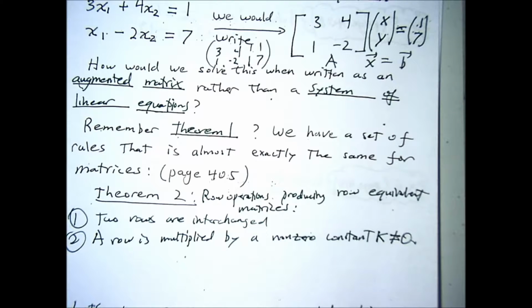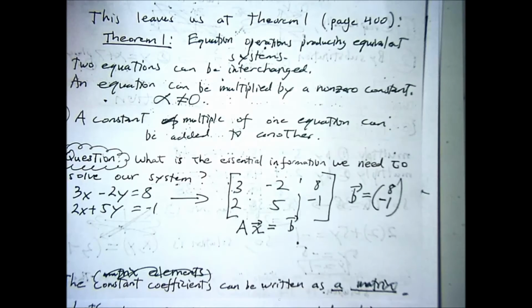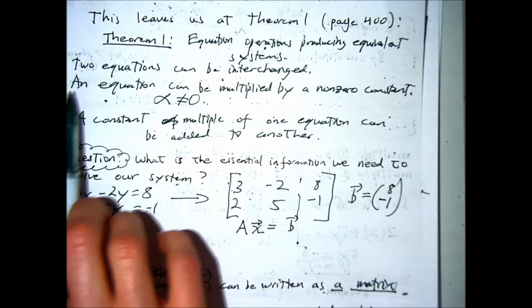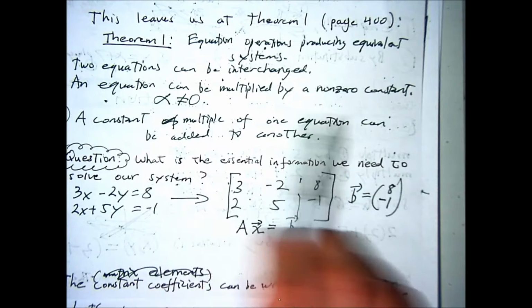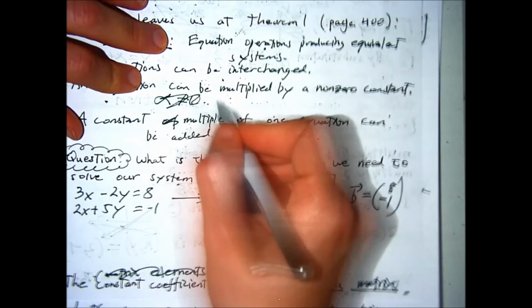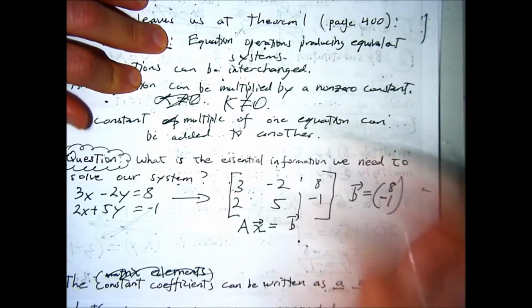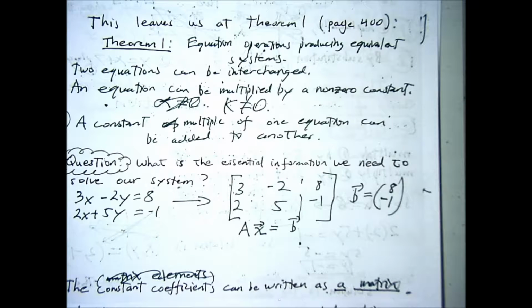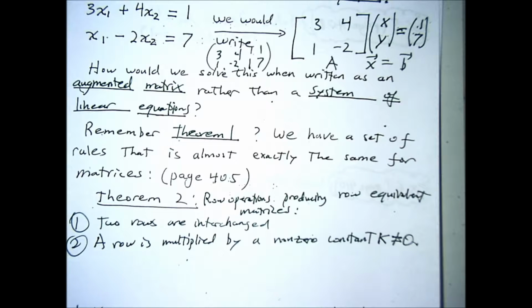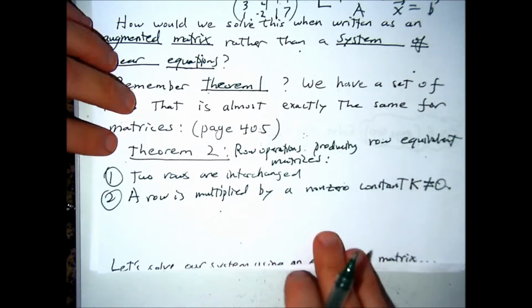So, again, I go back to here, and I remember I can take an equation and multiply it by a non-zero constant. Taking an equation, multiplying it by a non-zero constant, doesn't change the solution to my system of equations. And taking a matrix and multiplying a row by a non-zero constant produces a row equivalent matrix. Right?